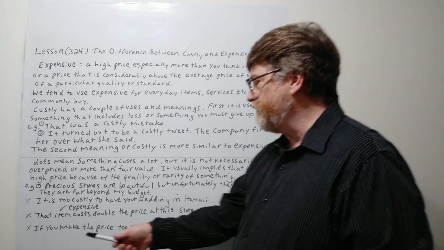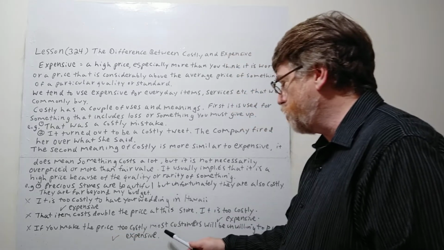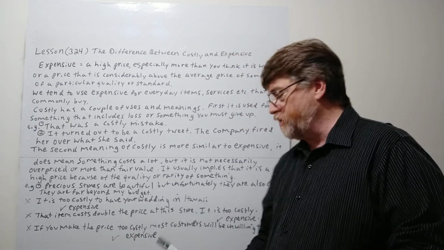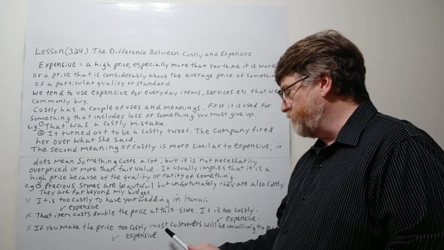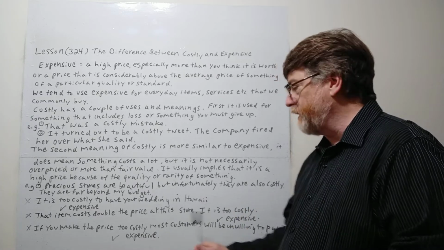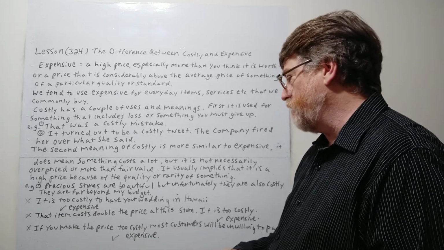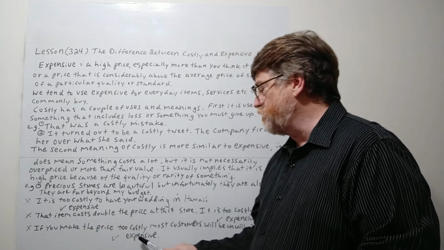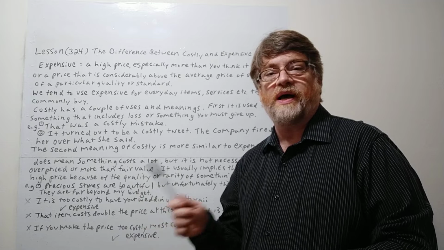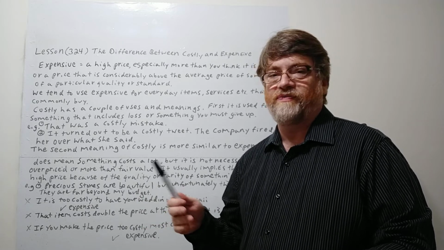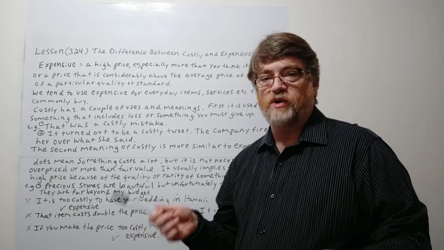Okay, and I guess we have a last example down here. If you make the price too costly for customers, this is probably a business talking. Too costly for customers, they will be unwilling to pay the price. So in this case, you should say if you make the price too expensive. Yes, in this sense, you make the price too high, basically so that they can't afford to pay that.